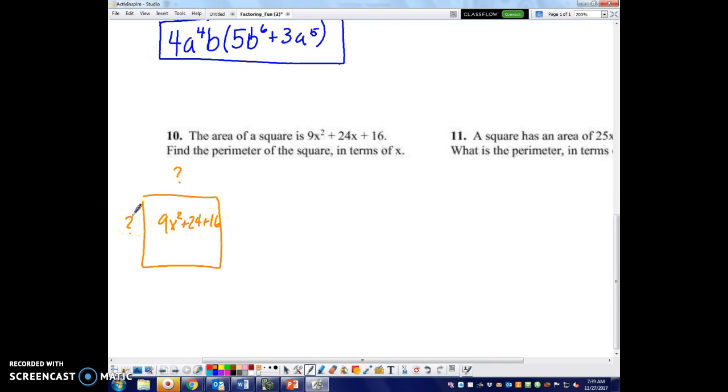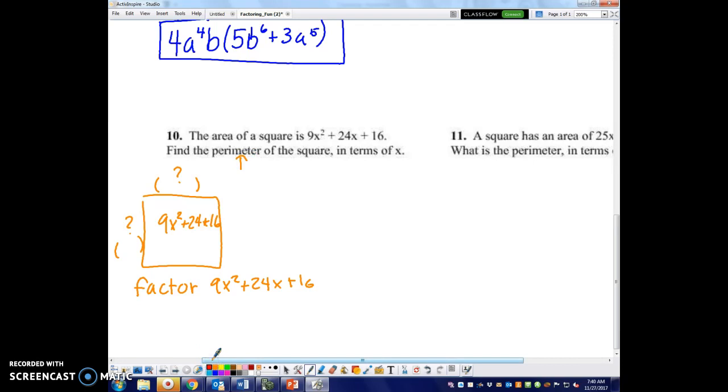So you're going to factor 9x squared plus 24x plus 16. I forgot to put the x here. Okay, you're going to factor that. Then, once you have the sides, how are you going to find the perimeter? How do you find the perimeter of a square?